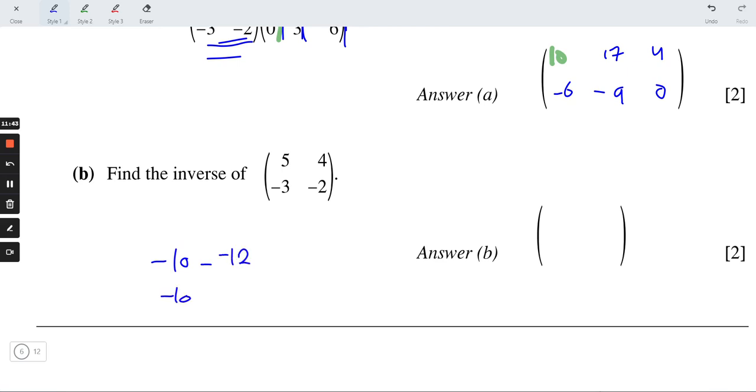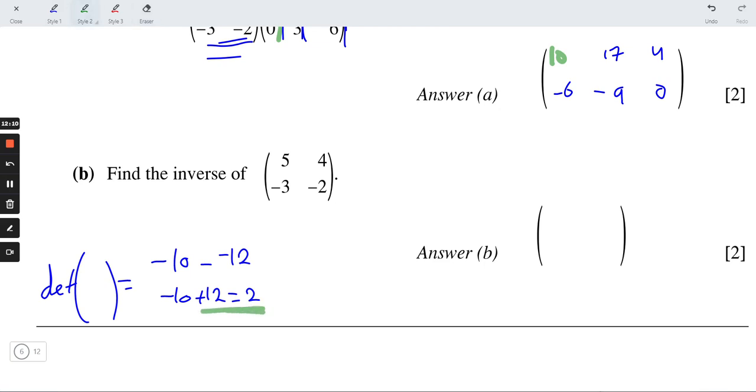So minus 10 plus 12 equals 2. So here we found the determinant of this matrix. So the determinant is equal to 2.